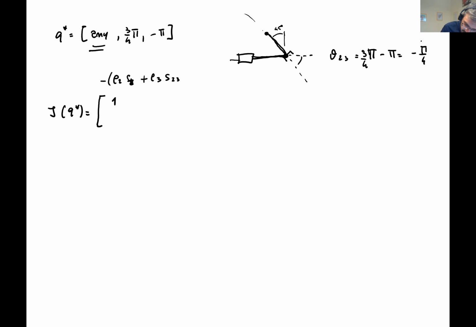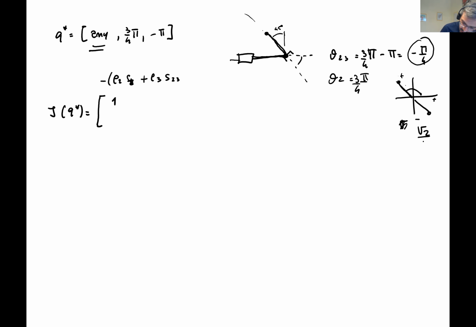Because theta 2, 3 is minus pi/4, and theta 2 is 3/4 pi, we are talking about this angle and this angle. You see that they both have, this is negative sine and positive cosine, and this is positive sine and negative cosine.